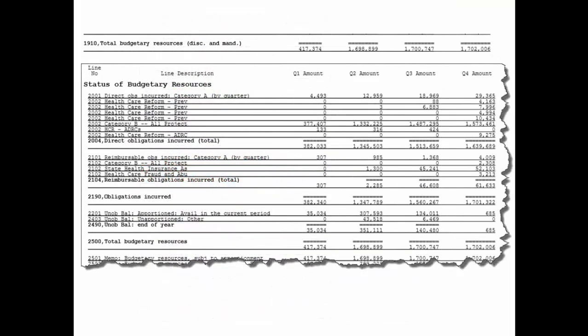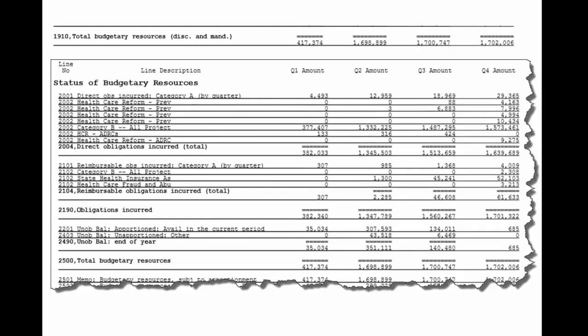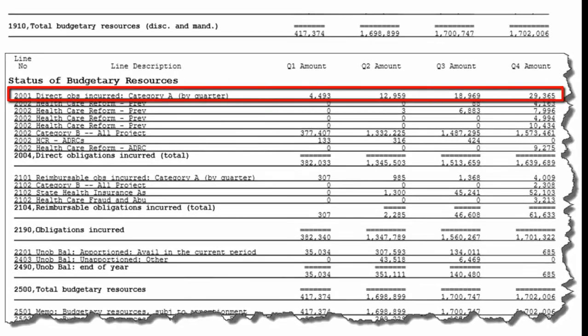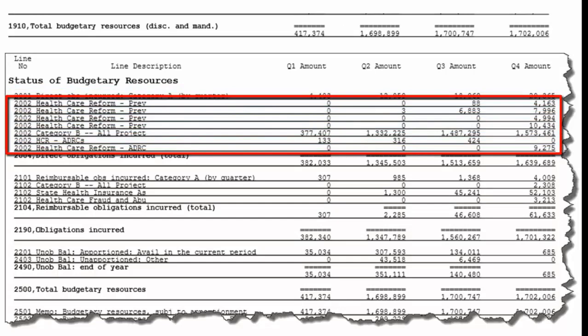This is the status of Budgetary Resources section of the Aging and Disability Services Programs SF133 from 2014. Note line 2001, which reflects the Category A direct obligations. Line 2002 reflects several separate Category B lines.